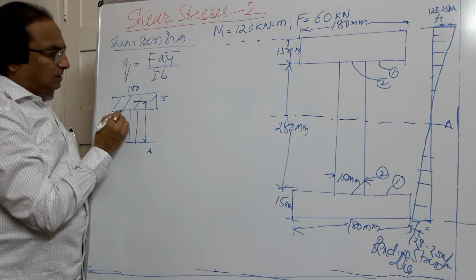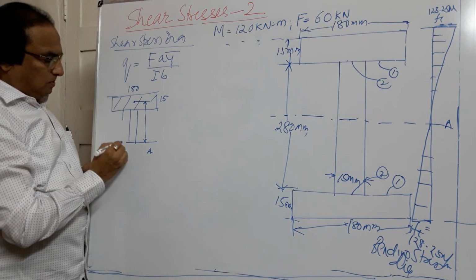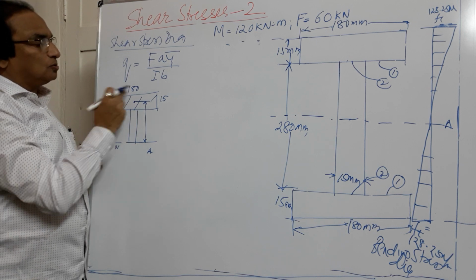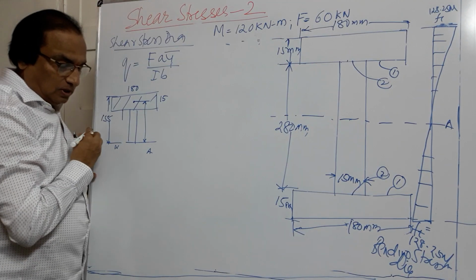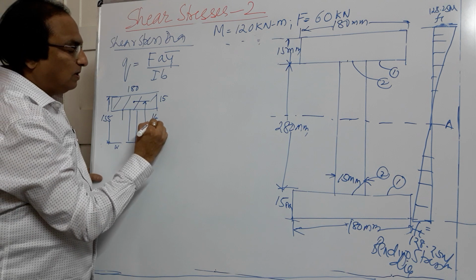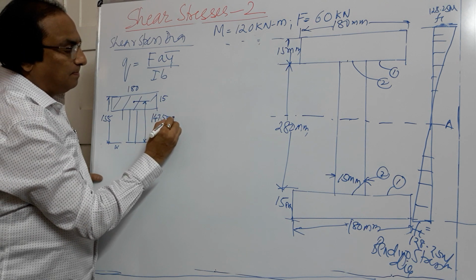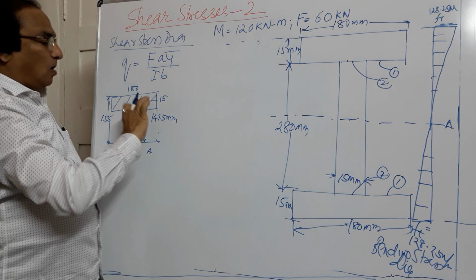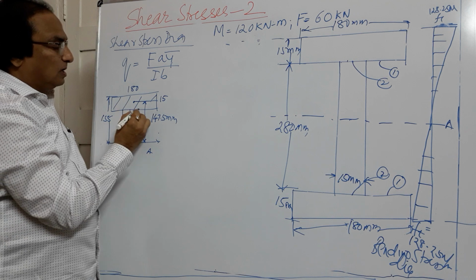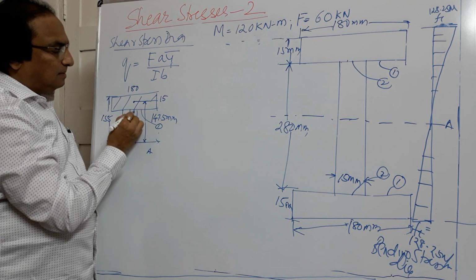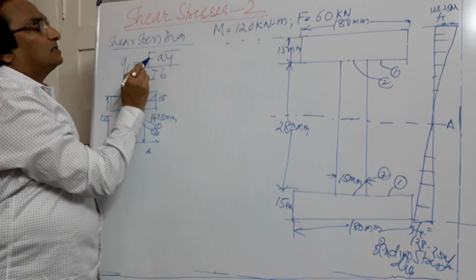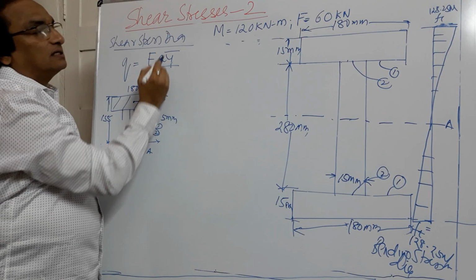This distance is 155 from the neutral axis to top minus 15 divided by 2, which is 7.5, so this will be equal to 147.5 mm. So we get the distance of the centroid of the component from the neutral axis. I will go with level 1 and this will become level 2. The important thing is that A and y bar remain the same, and only the width will be changing.